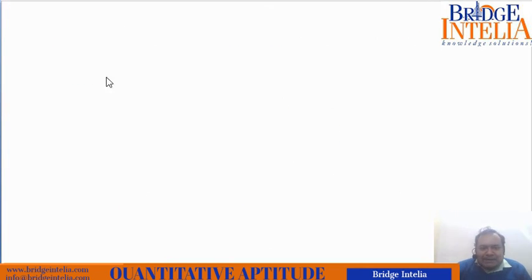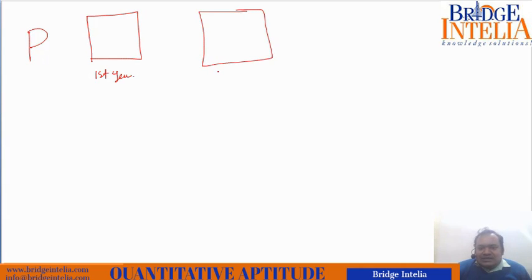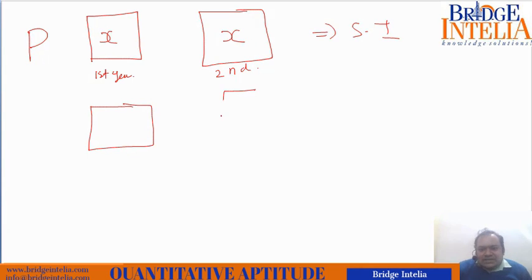Find the principal. I have already told you a shortcut. Let's suppose the principal is P. Because of that, you earned a certain interest in the first year and a certain interest in the second year. Had this been the case of SI, both would have been X. First year X, next year also X. In case of compound interest, things change.